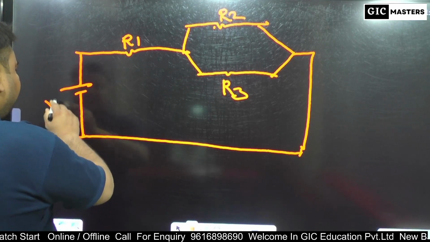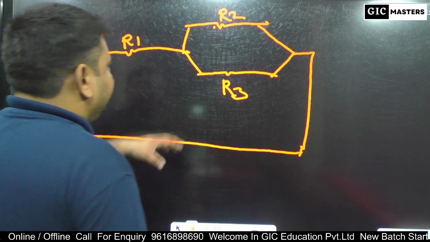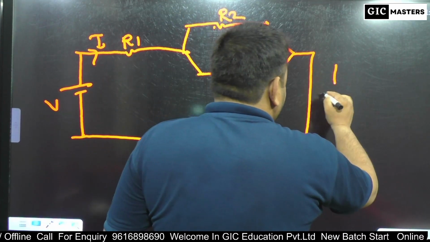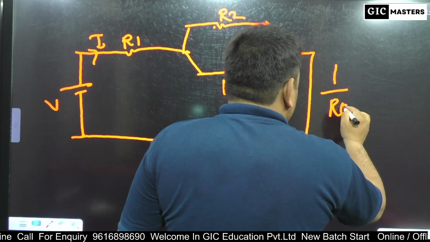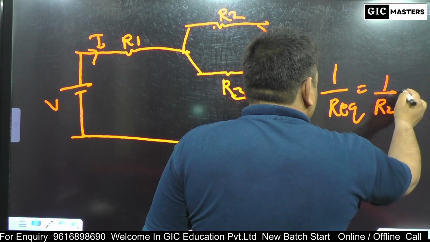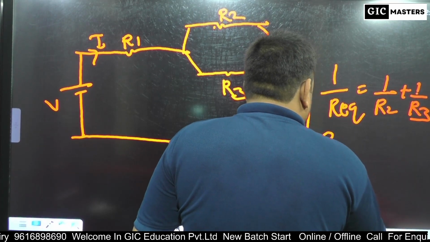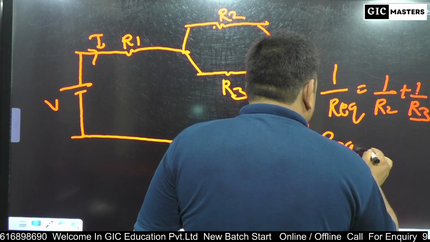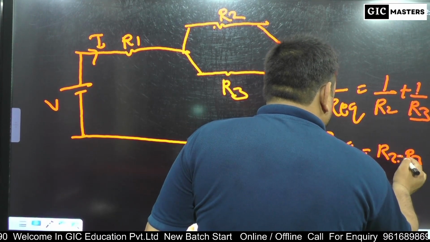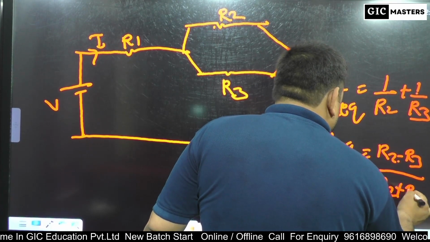This is the voltage source and this is the current I. When these are connected in parallel, R equivalent is equal to R2 R3 divided by R2 plus R3.